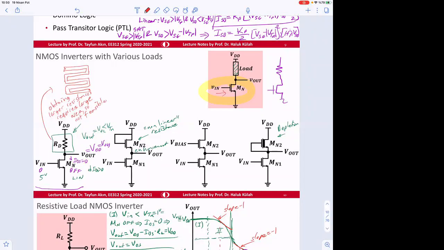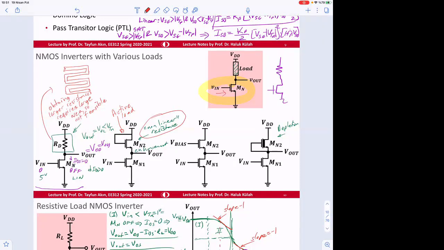Therefore, instead of a resistor we can use what we call nonlinear resistance or active element here. So this is called active load. There are different versions of this, with advantages and disadvantages.